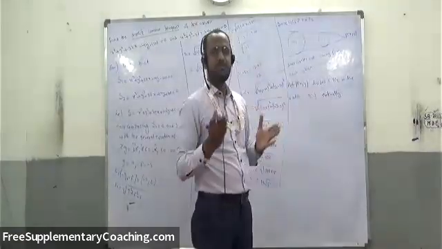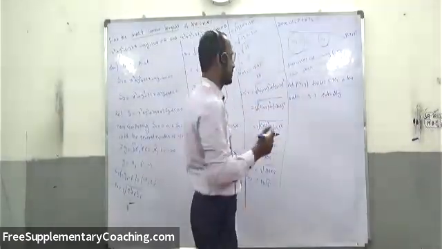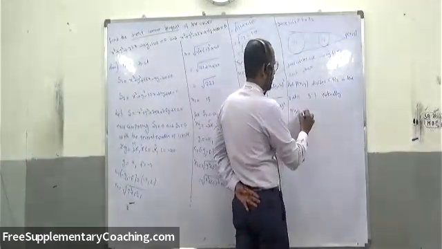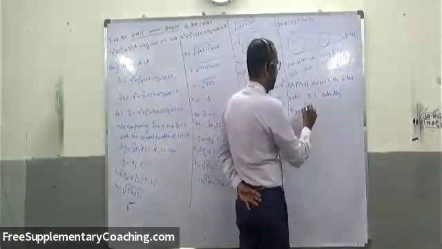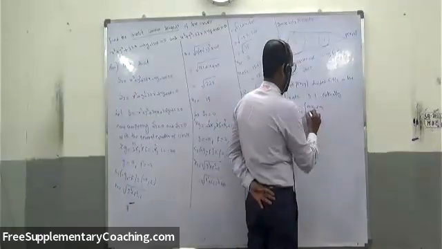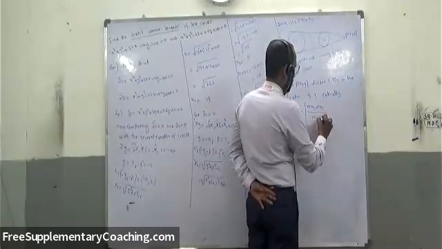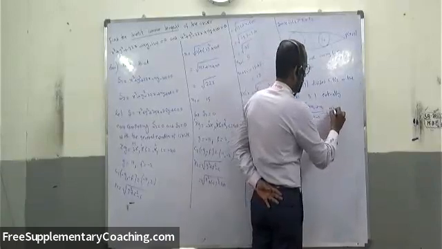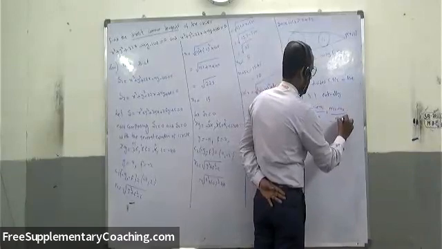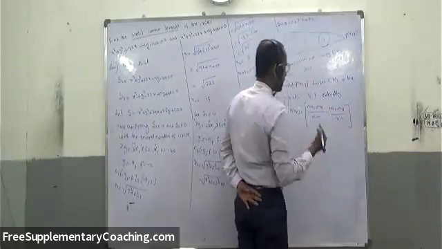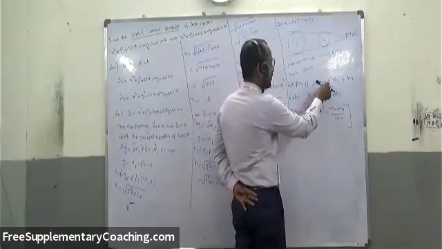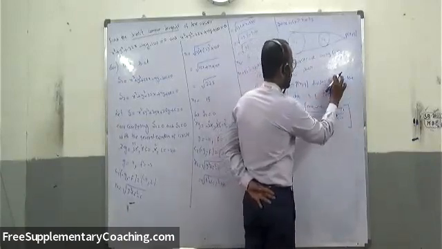Now we have to use the section formula, that is P of X comma Y is equal to, this is the section formula, mx2 minus nx1 by m minus n comma my2 minus ny1 by m minus n. This is your m, this is your n. C1 is x1, y1, C2 value is x2 and y2.